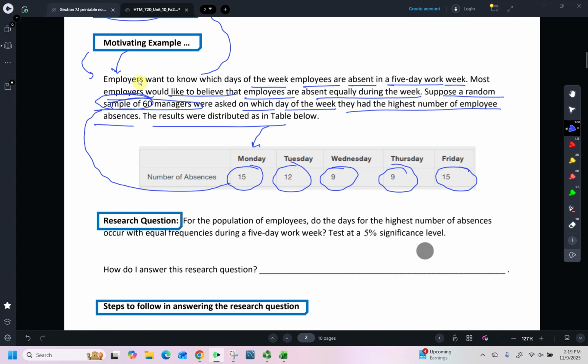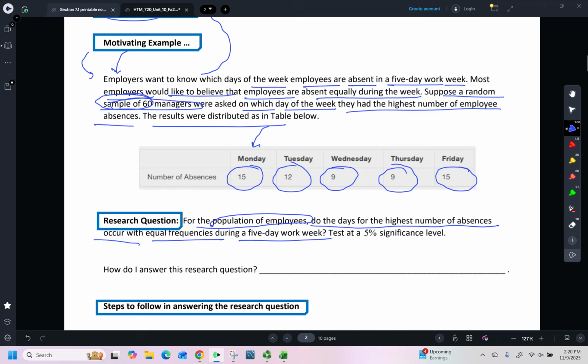All right, so that brings up a question, and that is a research question here. For the whole population of employees, not the sample, the general population, do the days for the highest number of absences occur with equal frequencies during a 5-day work week?